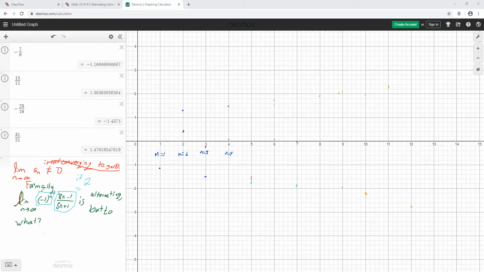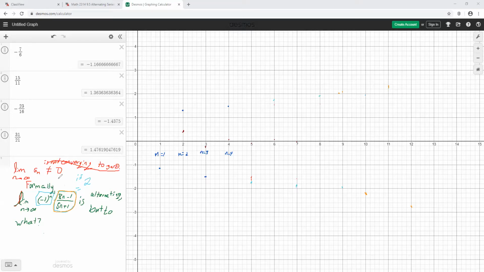This part makes it alternating. We already know that. Now let's find out what is the limit of this part right here as you go out forever?